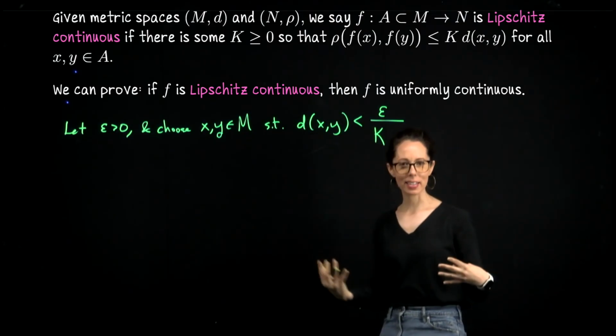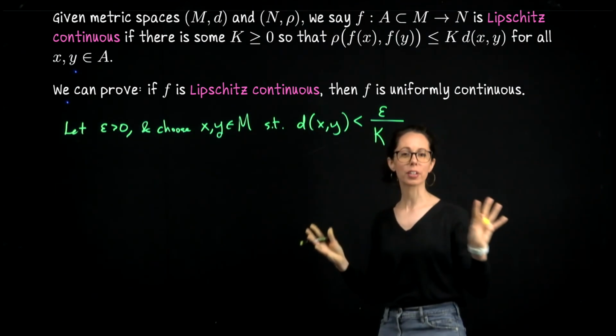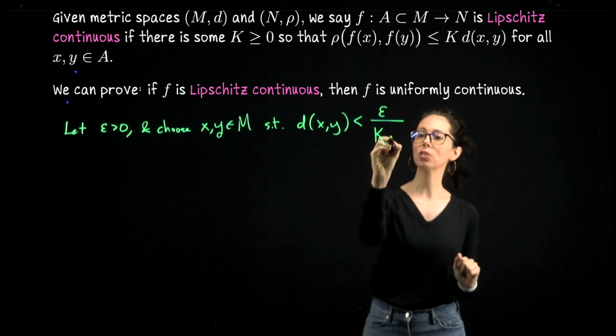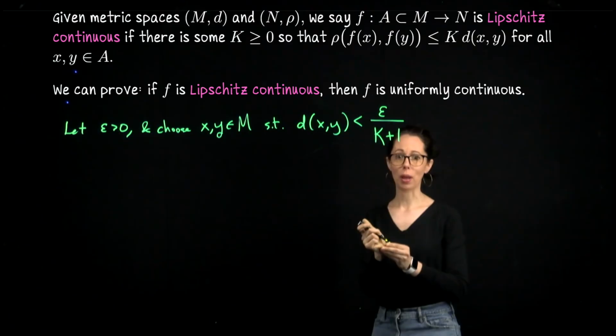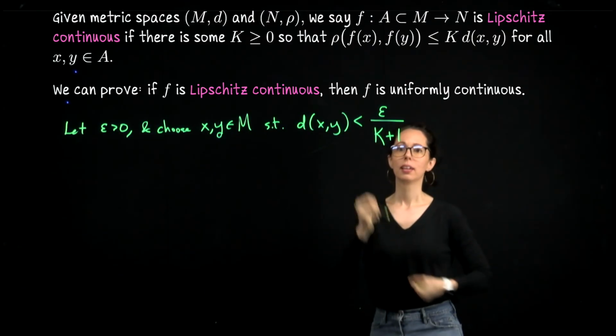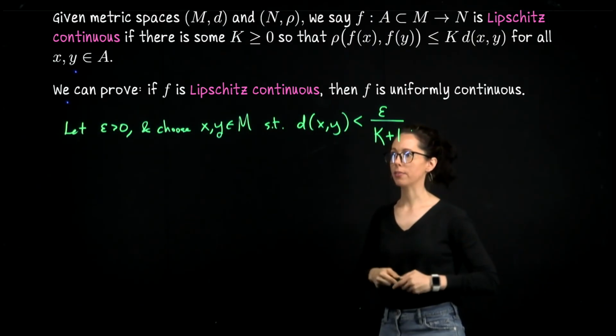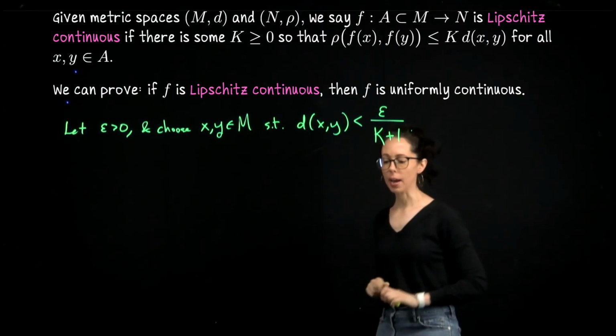You could do this in cases. The case k equals 0 seems like a very small thing to peel off, but there's a little trick here. Let's do k plus 1. That way, the denominator is always defined. So this choice works all the time.